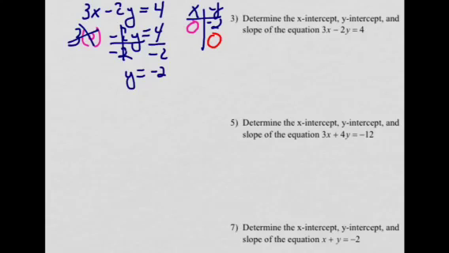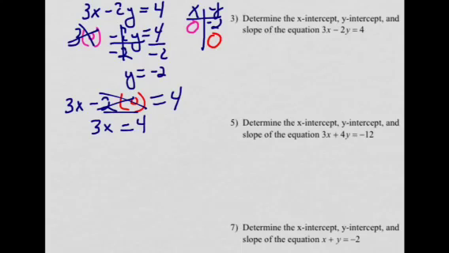So we take 3x minus 2 times 0 equals 4. Negative 2 times 0 is 0, so we're left with 3x equals 4. We simply divide by 3, and x equals 4/3.